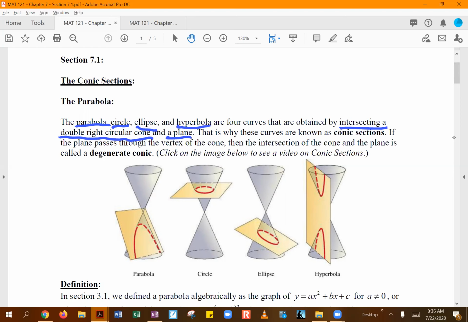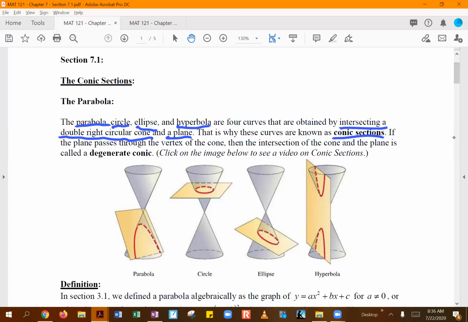So these are going to be the 4 different conic sections that we are going to be looking at. And obviously, since these curves are created from these right circular cones, that's the reason why we call these guys conic sections.